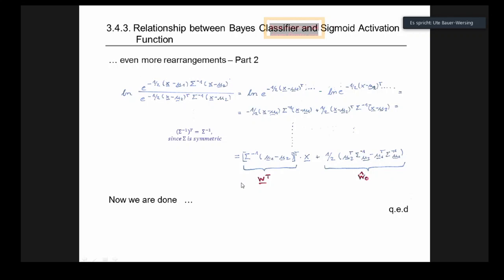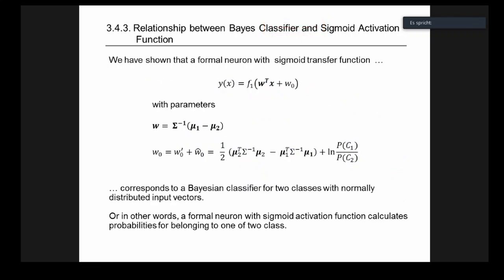Further questions? So this is a summary slide. What we've shown is that a formal neuron with sigmoid activation function, which is given by this formula, with the parameters that are calculated from the means and the covariance matrices of the underlying data distributions, actually performs a Bayes classification.